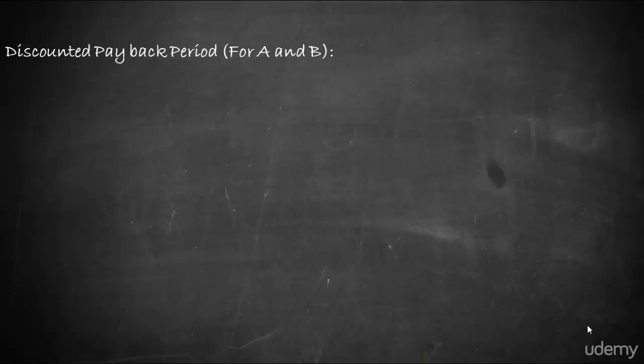We are concerned only about the difference between 4.34 and 5, that is only 0.66. In the 5th year, we are concerned only about this 0.66, whereas total cash flow in year 5 is 1.1. So 1.1 is for 1 full year, what is for 0.66, and that would give us 4.6 years. So in 4.6 years the entire 5 lakh has been recovered using the discounted payback period for mission A.